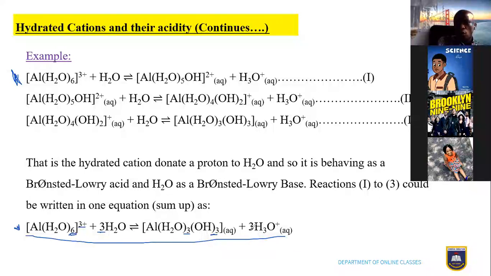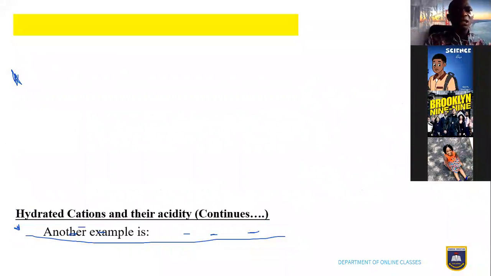And the moles of the hydronium ion is the same as the moles of water that was added. So I went ahead and gave the general equation that can guide you to write this overall equation for any hydrated cation.